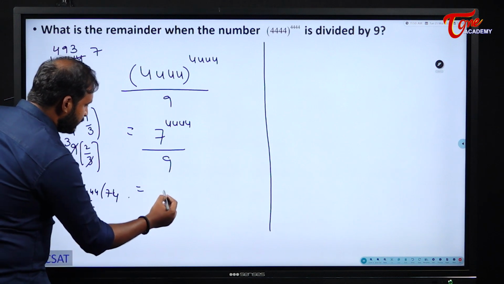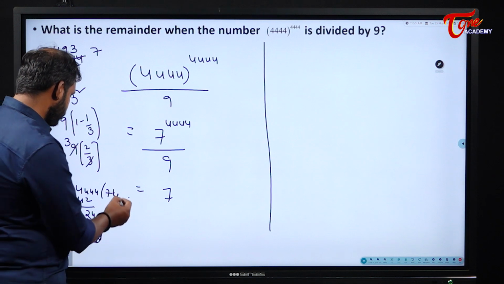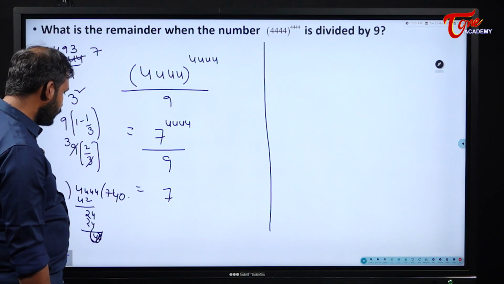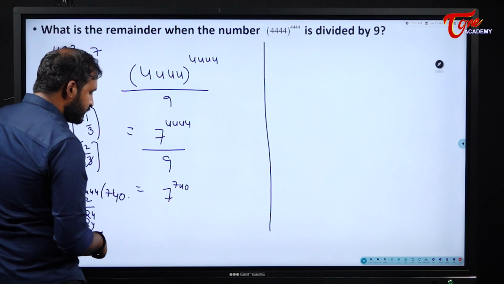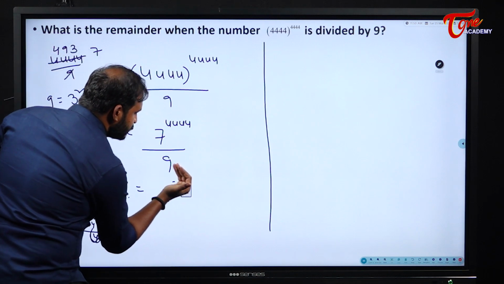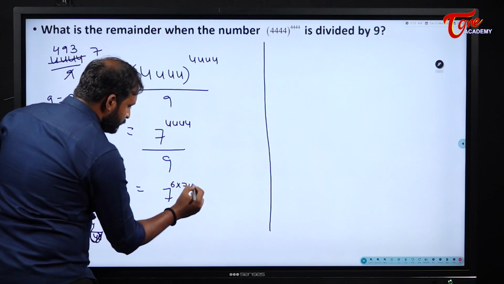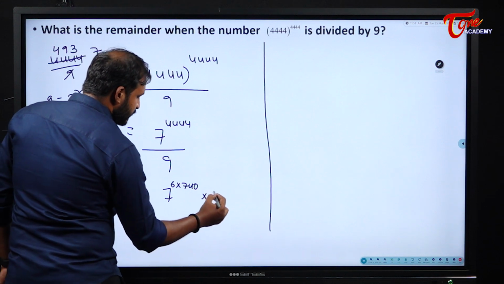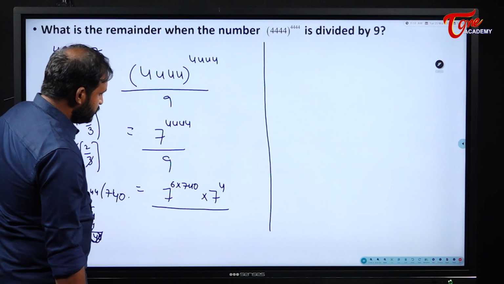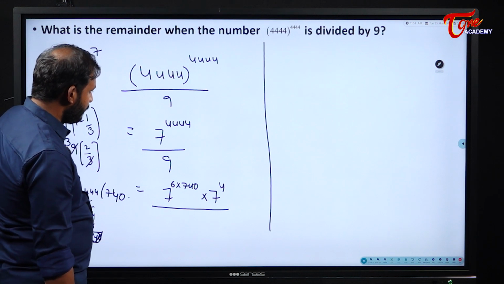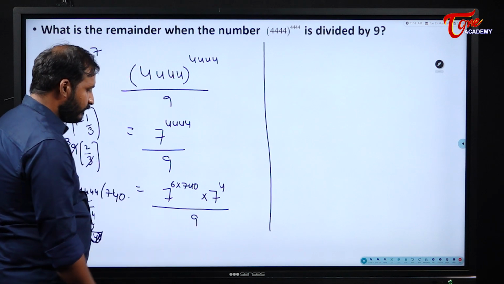That means I can write this as 7 to the power of 6 into 740, into 7 to the power of 4, by 9.